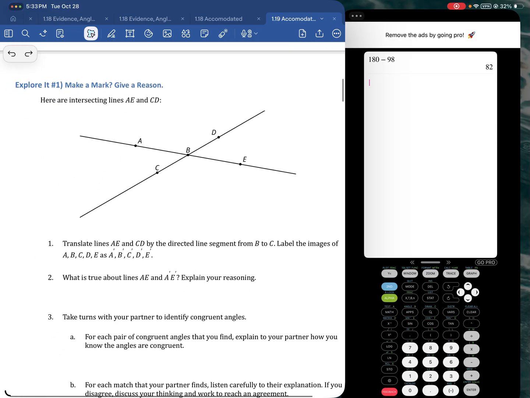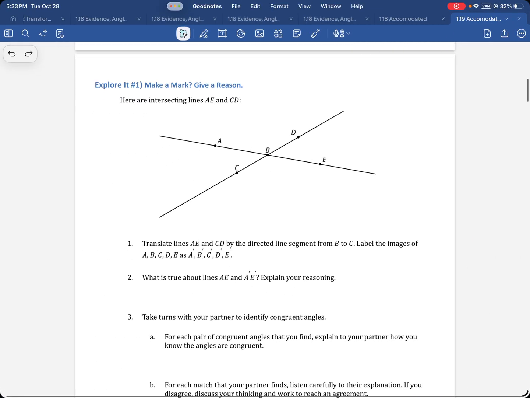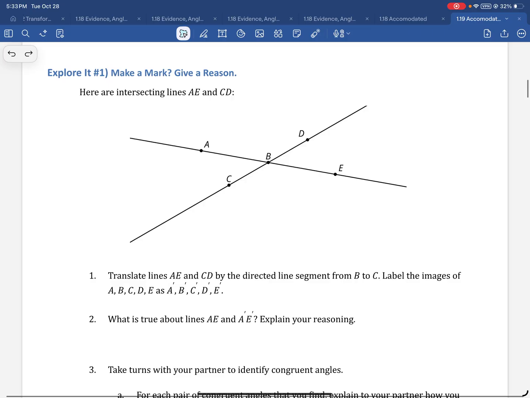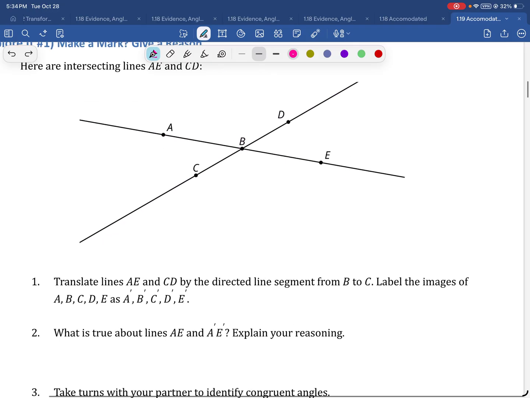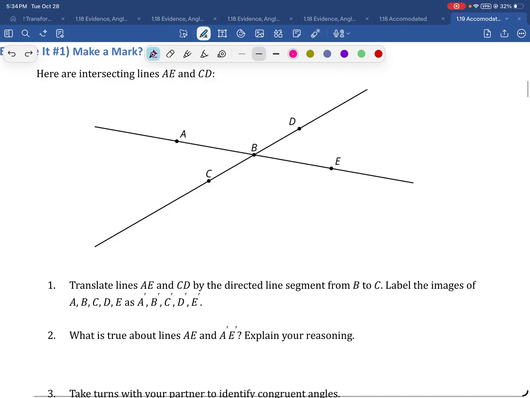Explore it number 1, make a mark. Here are intersecting lines AE and CD. It's just describing the image. Translate line AE and CD by the directed line segment from B to C. So we have to use this directed line segment and AE and CD.